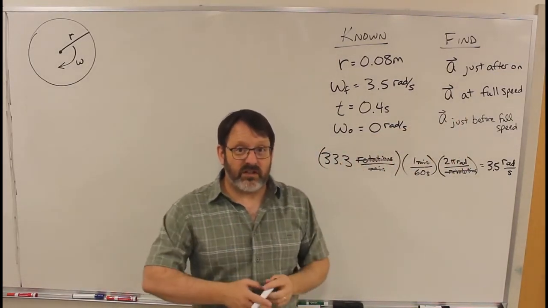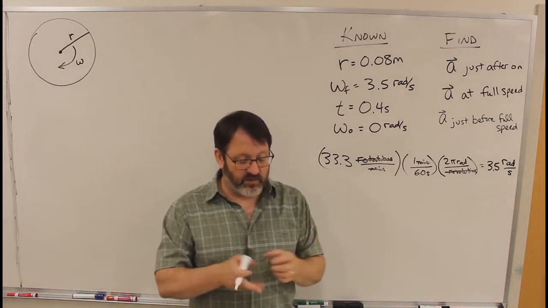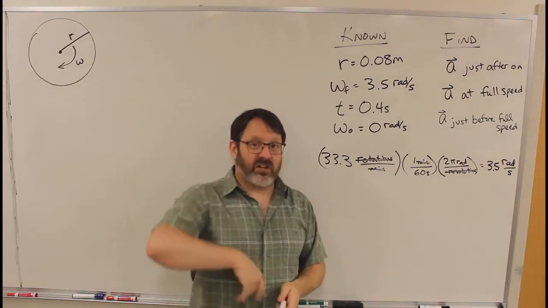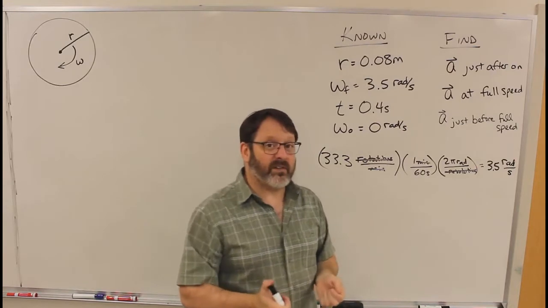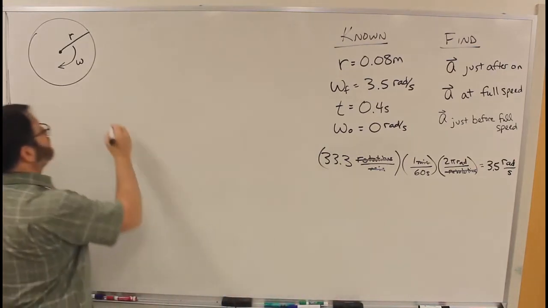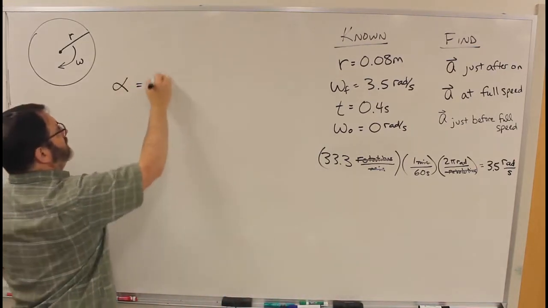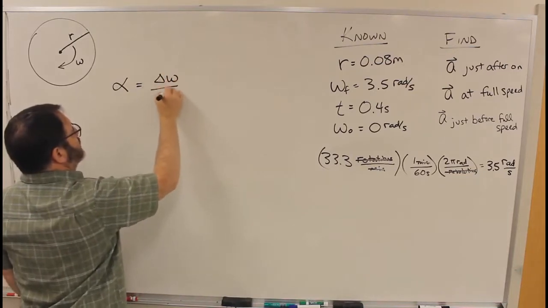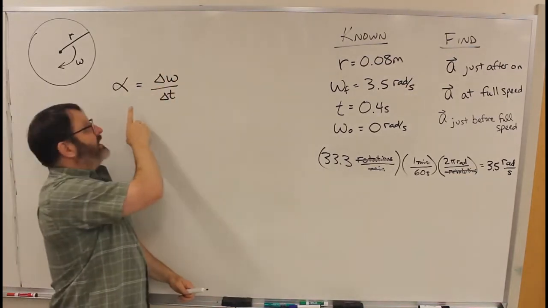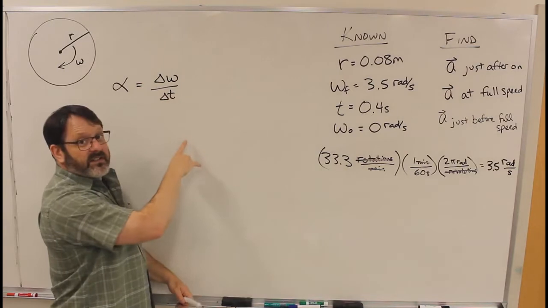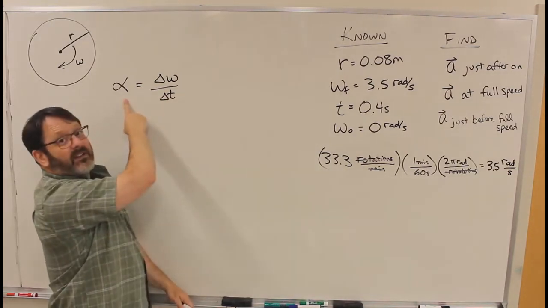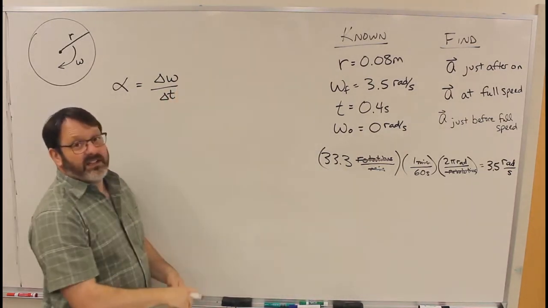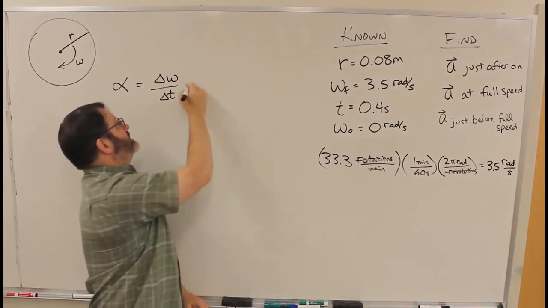So when we just turn it on, it wasn't moving, and then it's starting to accelerate. We assume uniform acceleration. Just like acceleration is change in velocity over change in time, angular acceleration is change in angular velocity over change in time.